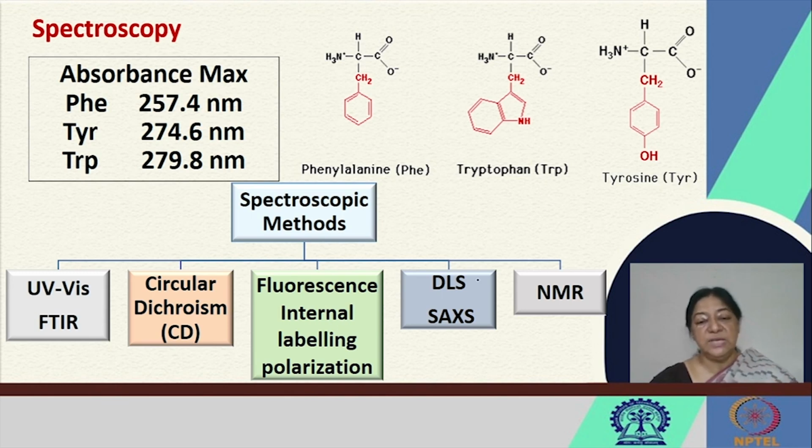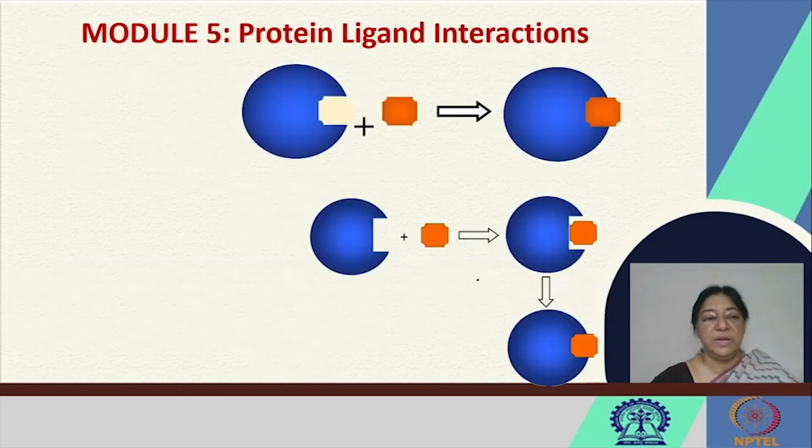We didn't go into CSAXS or NMR in that much detail, but the idea is that there are methodologies, biophysical techniques that can give us indications about the integrity of structure in this fashion, give us ideas about protein ligand binding, a specific subset of which is enzyme substrate binding.